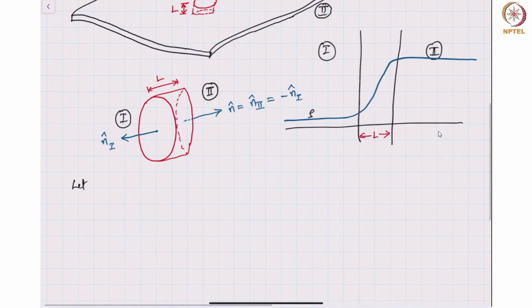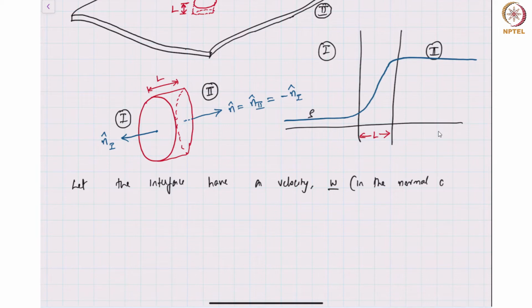So let me just write down what we wrote in the last lecture. Let the interface have a velocity w bar. This is in the normal direction. So when I say the interface is moving, it is moving normal to itself.